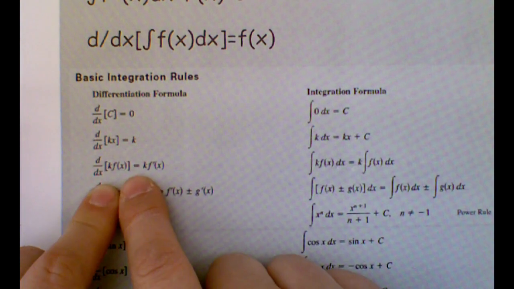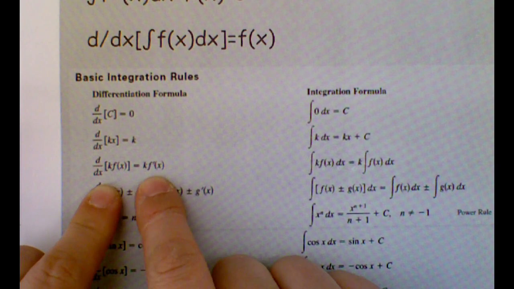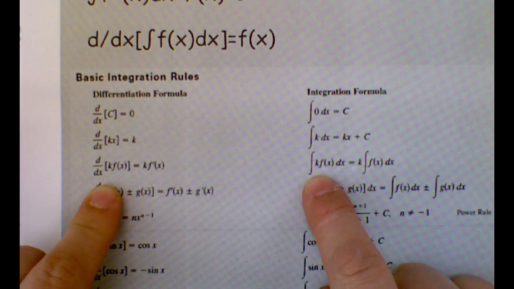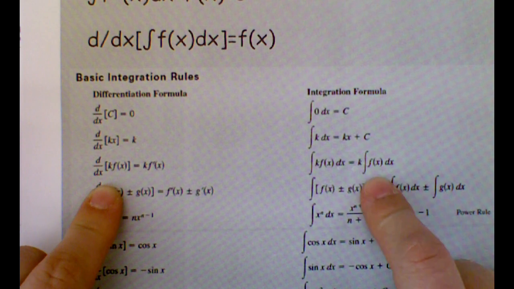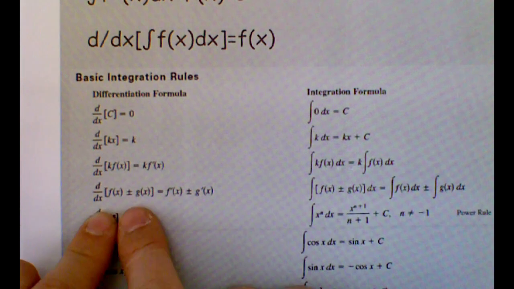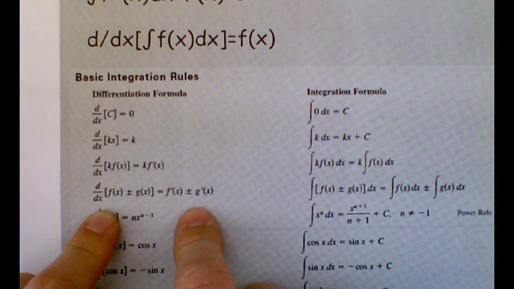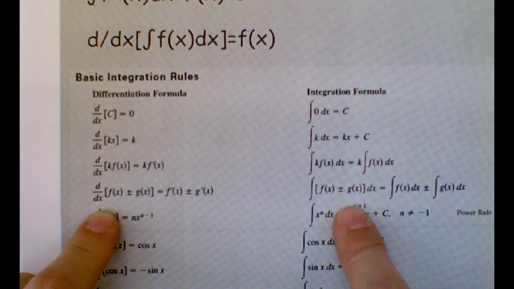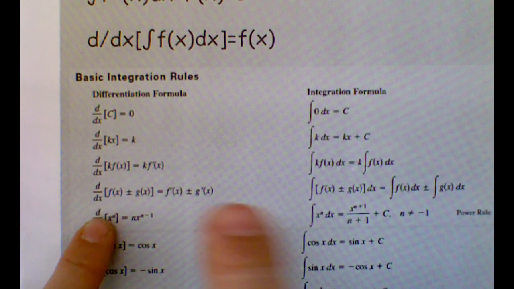We know the derivative of k times some function is k times the derivative of that function, which means if I have a constant times a function in my antiderivative, I have k, my constant, times the antiderivative of the function. We know when we take a derivative, we can add and subtract the derivatives of separate pieces. Same thing works with integration. We can split them apart and do my antiderivative separately.